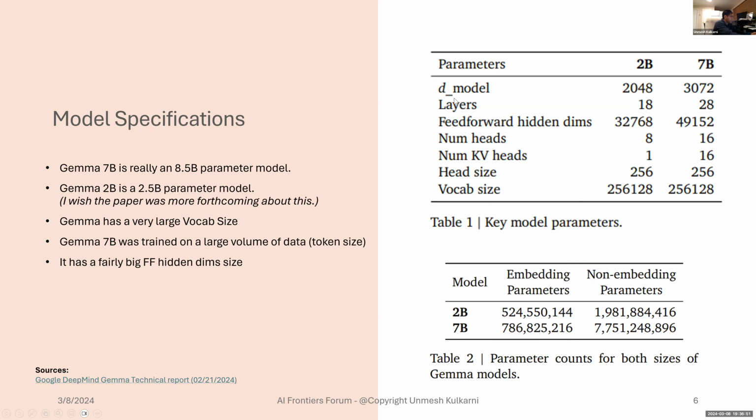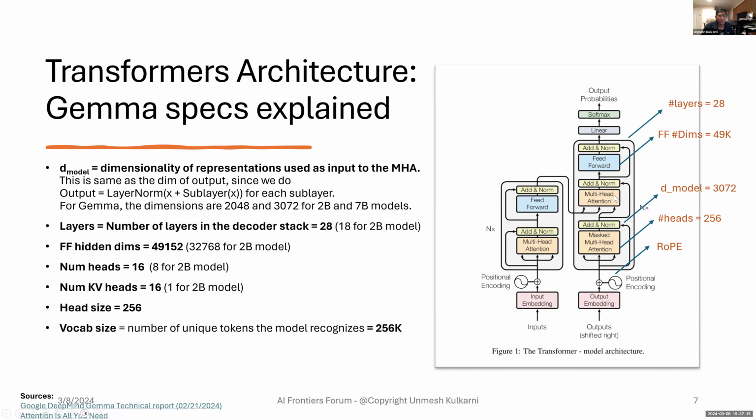Let's quickly go through them. Now we have the D model, which, if you remember the original paper, is the dimensionality of the representations that go into the multi-headed attention. Let's take a look at the diagram from our favorite paper.